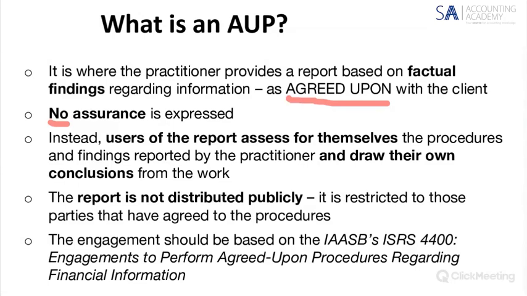There's just the two things that say these are the procedures, these are the findings. And then the users of the report will assess for themselves which procedures were done and what the findings were, and then they will draw their own conclusions from the work that you've done. The report is normally not distributed publicly.